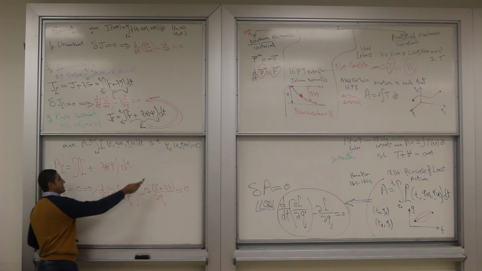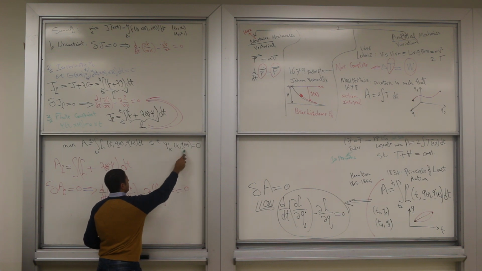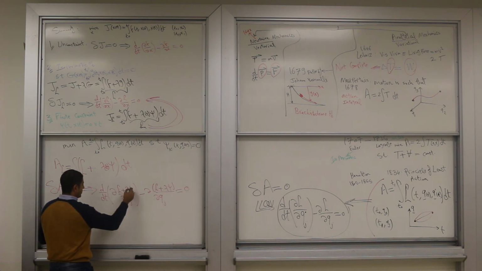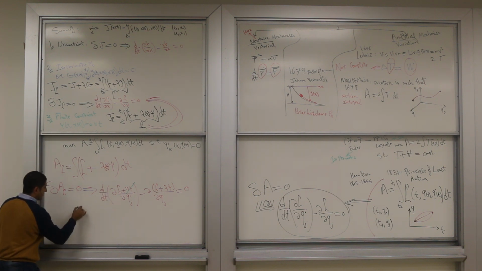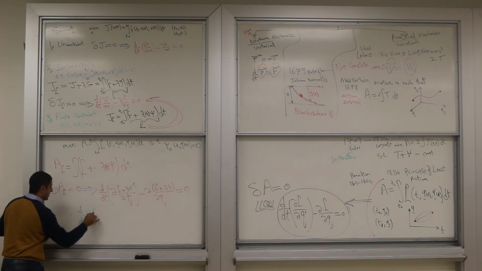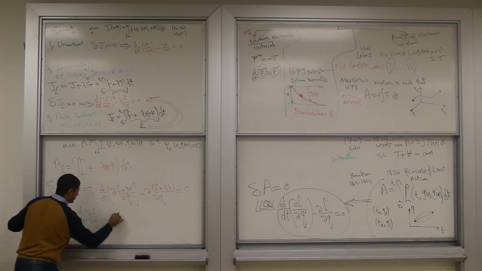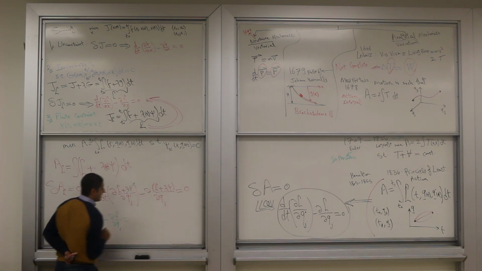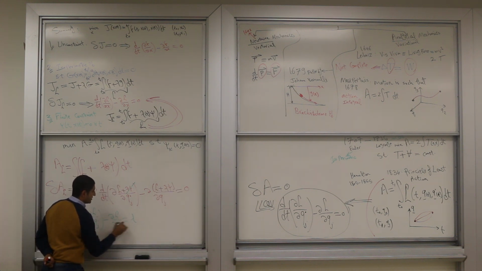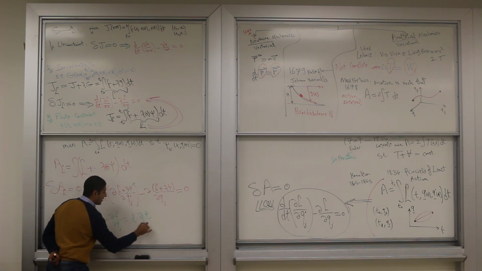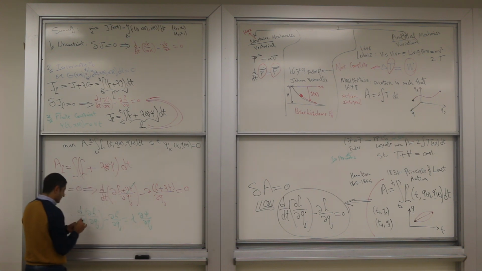Because it's a holonomic constraint, it doesn't depend on velocities, so partial psi, partial q dot is 0. So I have here d by dt of partial L, partial q_j dot, minus partial L, partial q_j, and I will send this term to the right hand side. Lambda has nothing to do with q, so here is lambda times partial psi, partial q_j.